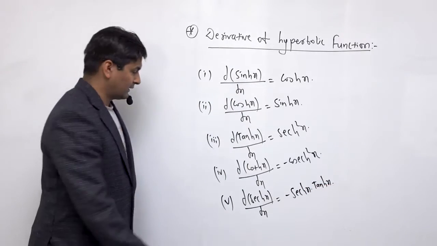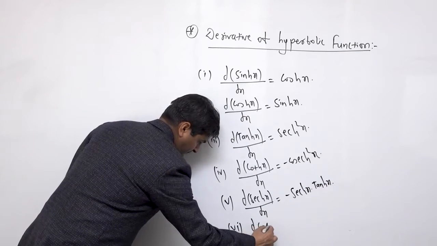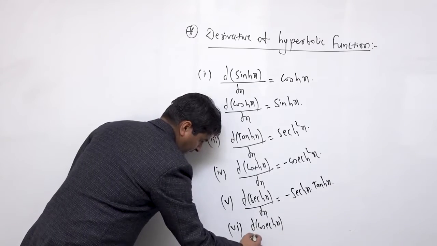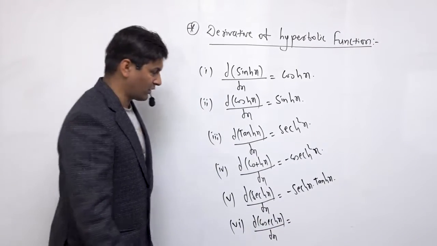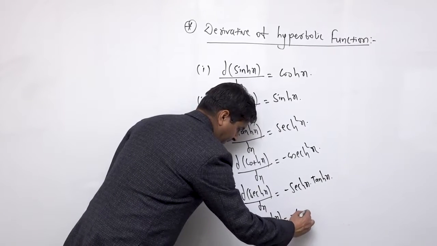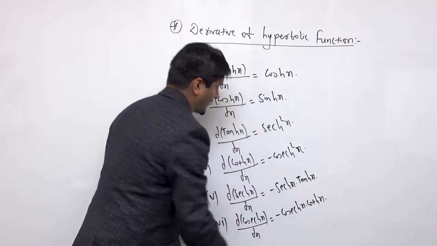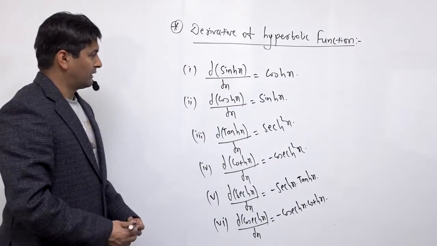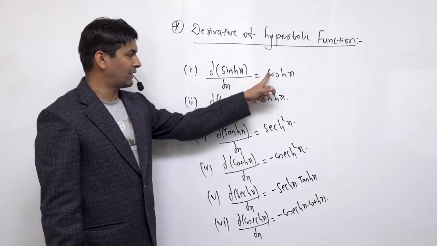Derivative of cosec hx is minus cosec hx into cot hx. Derivative of sine, cos and tan in hyperbolic function is positive, all are positive.